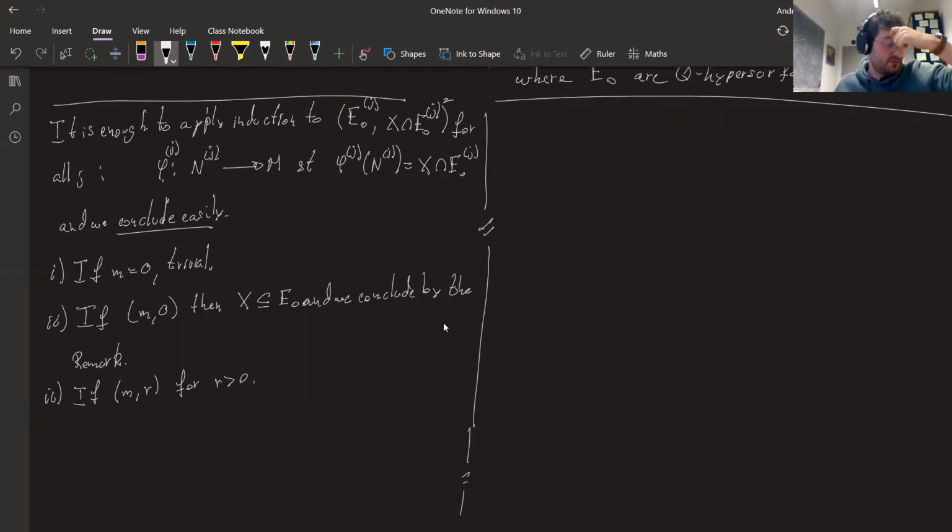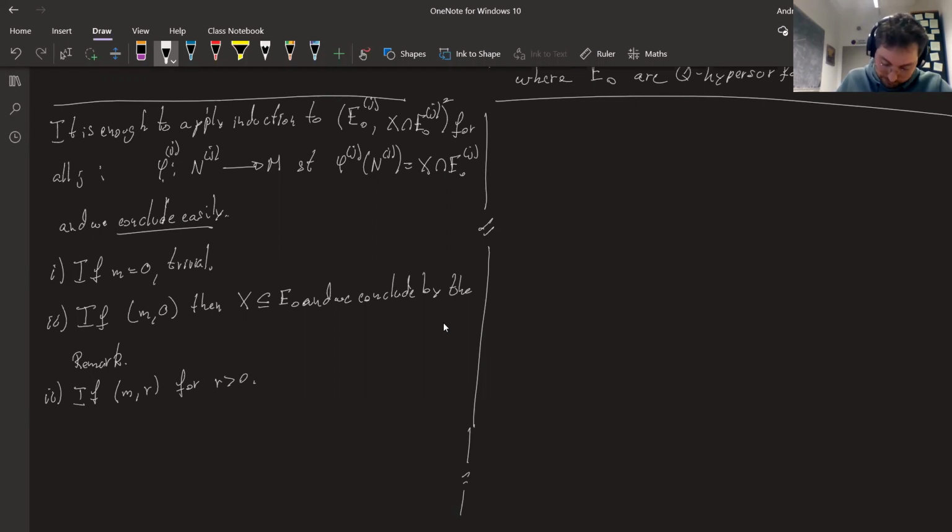I think because I had prepared with M1, but probably I don't need it right now. So if we now have some R which is bigger than 0, so now we have some extra points in the induction. So the first thing that we do is that we consider again, just as in the remark, the terms given by E0J.